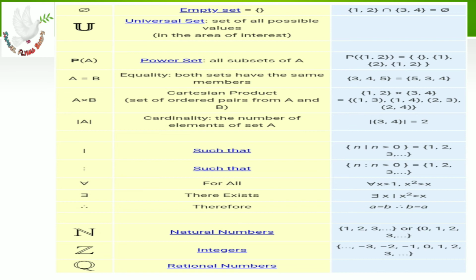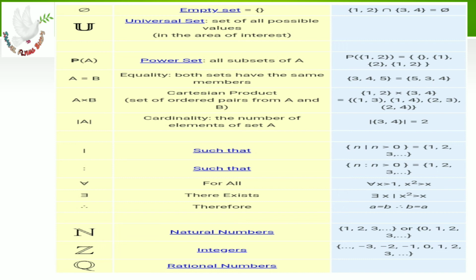In a closed flower bracket, we can write it as {n such that n is greater than 0}, equal to {1, 2, 3, and so on}. Such that can be written as two dotted lines, for example, n such that n is greater than 0, or 1, 2, 3, and so on.